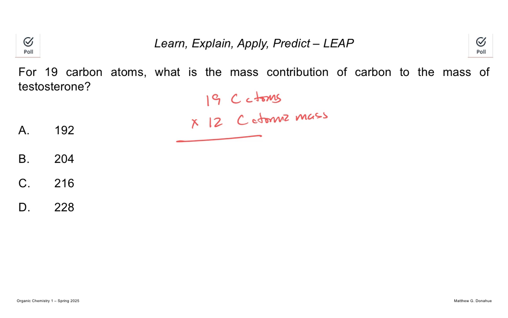So if we take 19 carbons times the mass of carbon, so 19 times 12, that would get us 228.